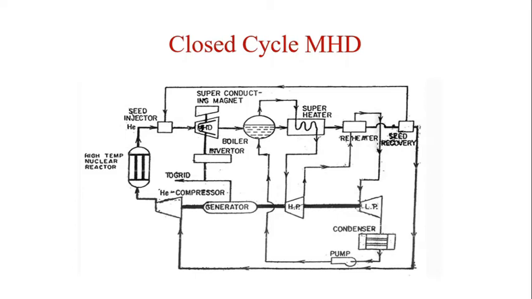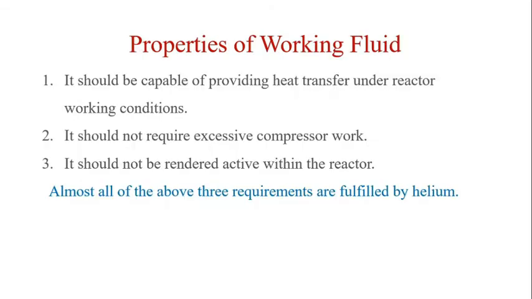The operating temperature required in case of open cycle system is around 2300 degrees Celsius to 2700 degrees Celsius. In case of closed cycle system, it is less, about 530 degrees Celsius. The open cycle system is a more developed system as compared to the closed cycle system.